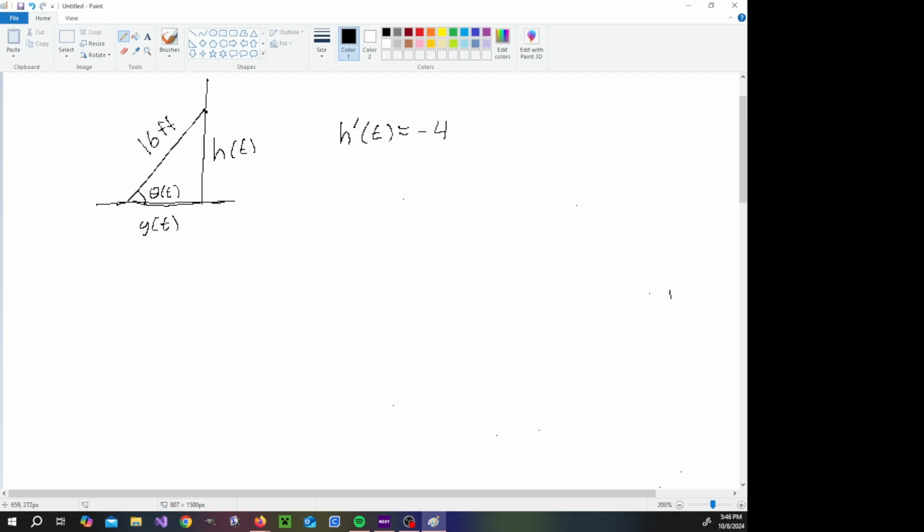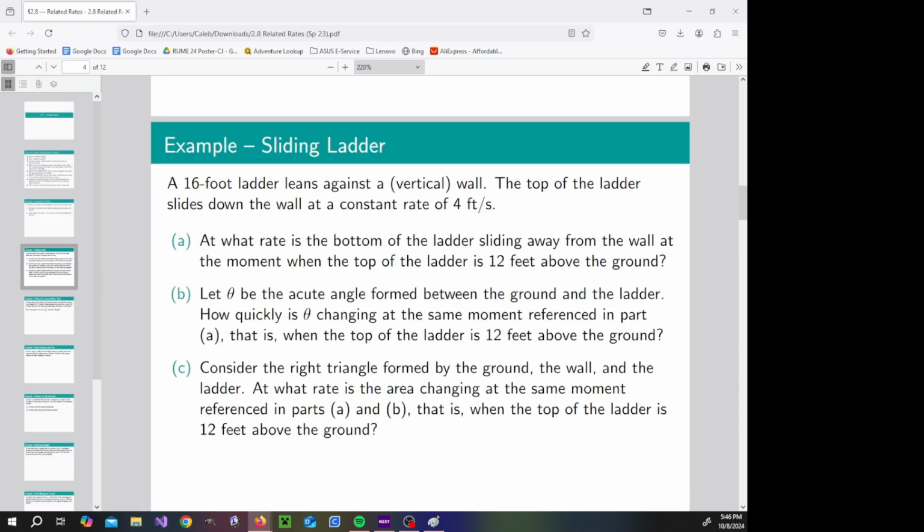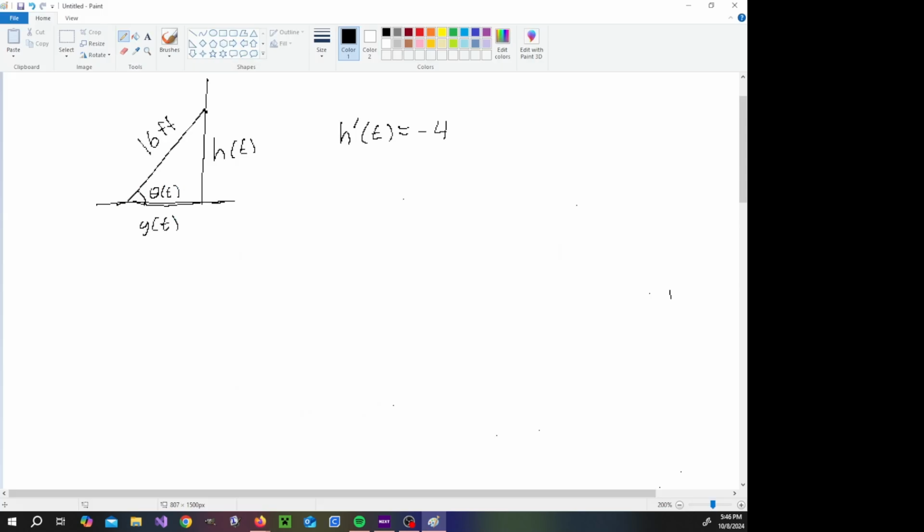Now, the next piece is the actual question that it's asking us. At what rate is the bottom of the ladder sliding away from the wall at the moment when the top of the ladder is 12 feet from the ground? So at what rate is the bottom of the ladder sliding away from the wall? Well, we recognize the distance from the bottom of the ladder to the wall is the function that I named g of t.